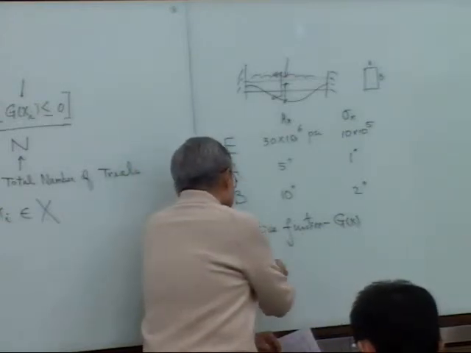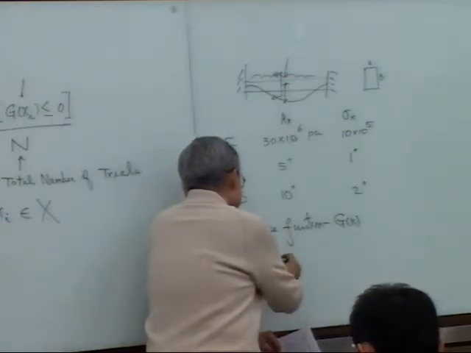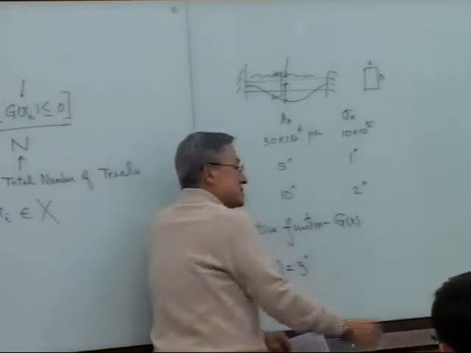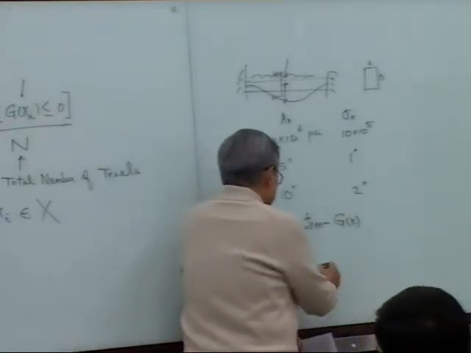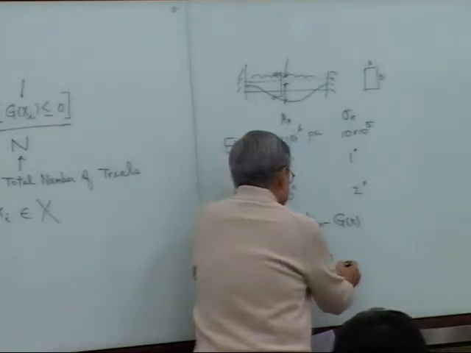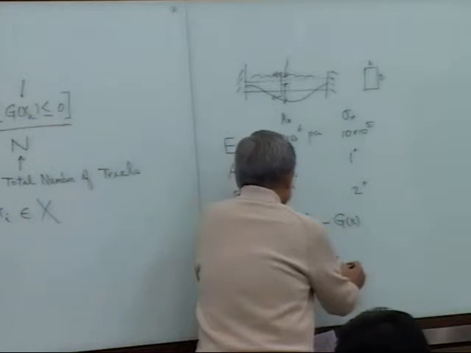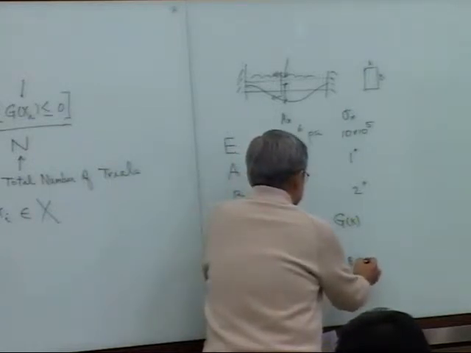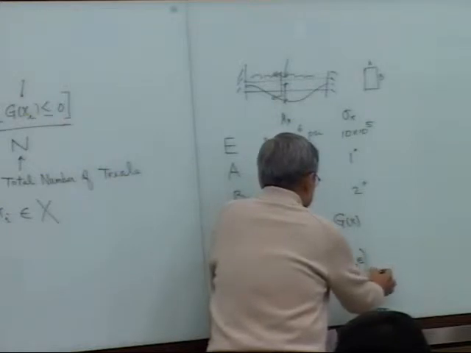So, okay, the G function is something like a maximum allowable deformation minus the actual deformation. Let's say just a function of f, a, b, e.